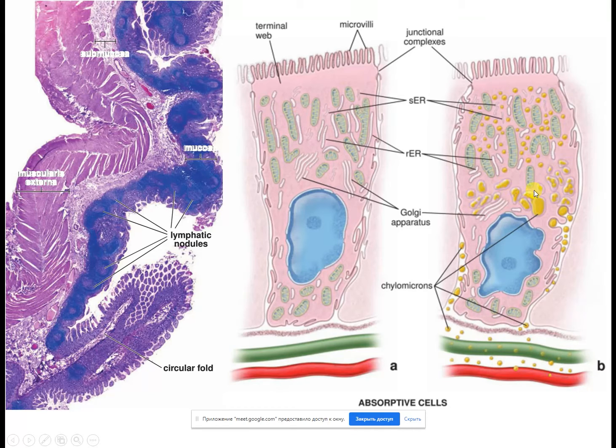But these chylomicrons, these fat droplets which are present with apoprotein, are very huge molecules. They are pretty large, and when they appear in the lamina propria, they cannot travel directly into the bloodstream. That's why they travel through the interstitial fluids. Interstitial fluid all over the body is collected into the lymphatic capillaries.